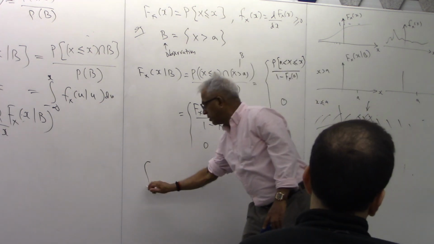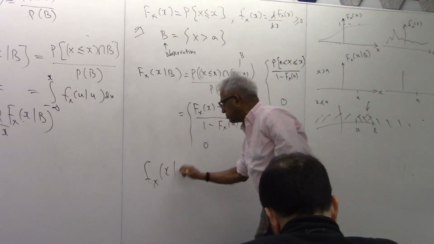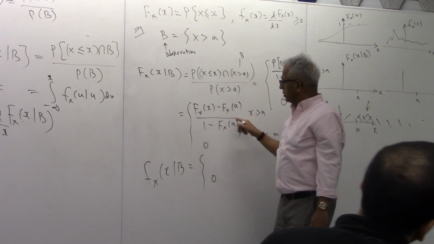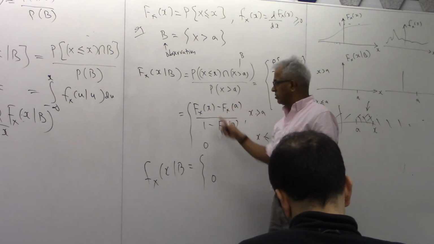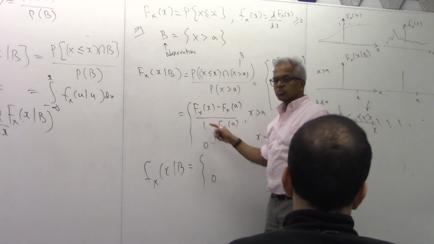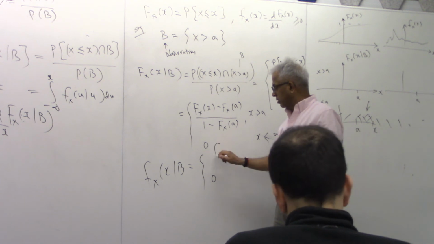The derivative with respect to x gives the density function. The derivative of 0 is 0. Here, this is a constant, this is a constant. The derivative of this with respect to x gives us small f, right? So that's going to be f_X(x).